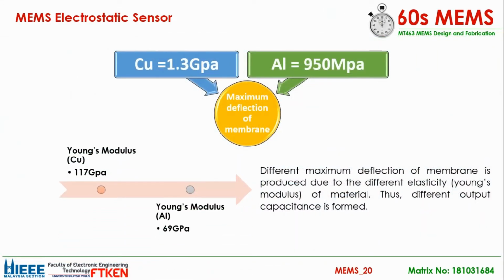Aluminium has a lower pull-in state, which is around 950 megapascal, compared to copper, which is around 1.3 gigapascal. So, using different materials results in different values of maximum membrane deflection due to the different elasticity or Young modulus of the material, and thus a different output capacitance.